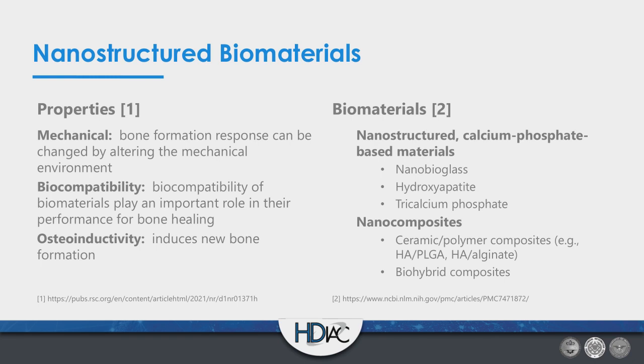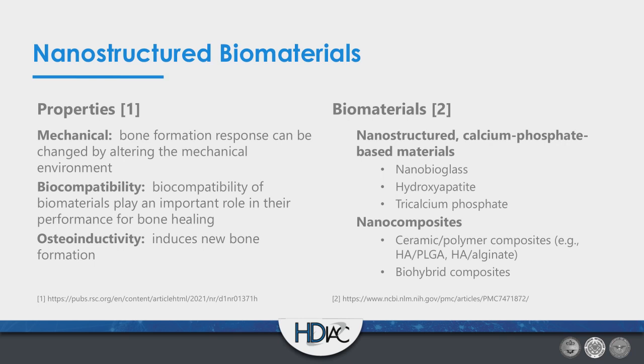One thing that's really interesting, and I think it makes a lot of sense as to why bone regeneration is one of the bigger areas of nanotechnology research, especially for tissue regeneration, is that bone is actually a naturally structured nanocomposite. So it just makes a lot of sense, right?